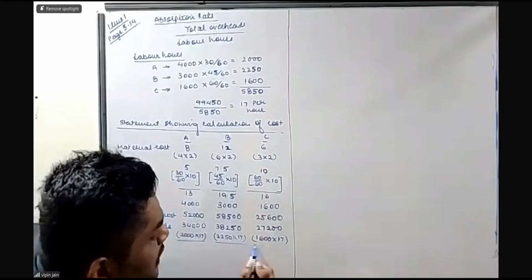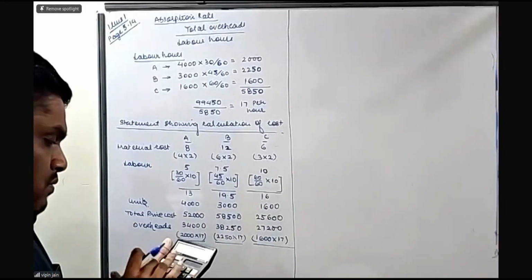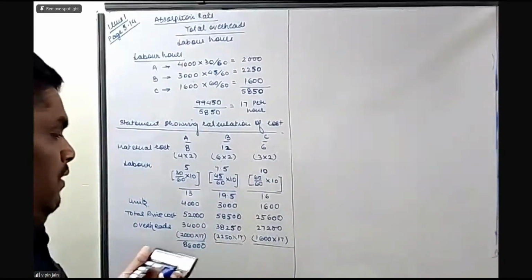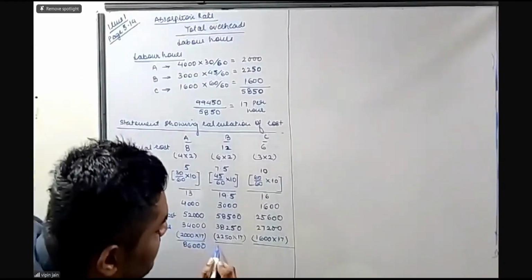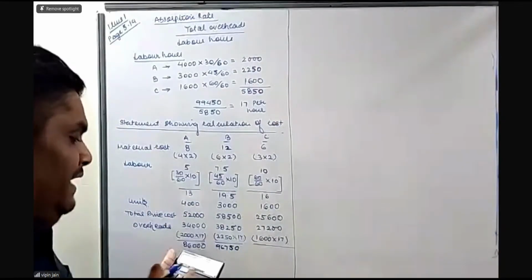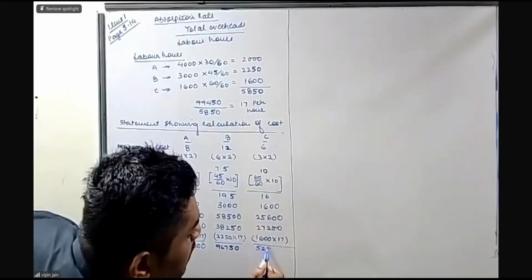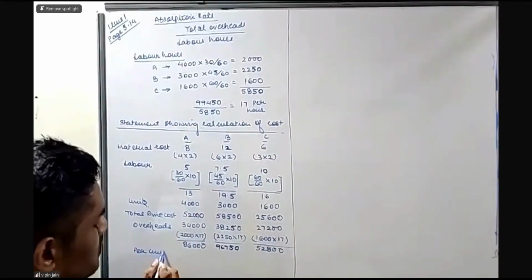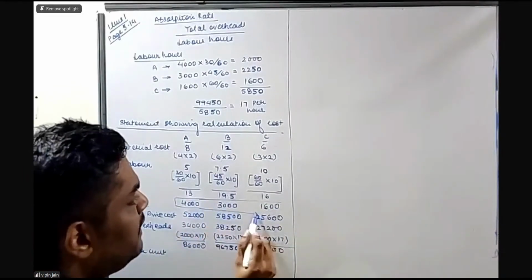So we will calculate the total cost: 52,000 plus 34,000 is 86,000. 58,500 plus 38,250 will be 96,750. 25,600 plus 27,200 is 52,800. Now, if we divide it by the number of units, 4,000, 3,000, and 1,600, we will get the per unit cost.